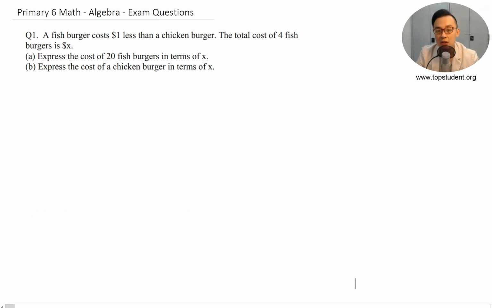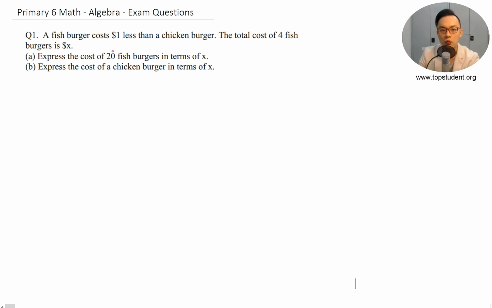Most Primary 6 students by now will be very familiar with things like 1U is equal to 3, and then 6U is equal to 6 times 3 equals 18. You have been doing this since Primary 4 or Primary 5. So algebra is exactly the same. You just change your U to X. So let's take a look.